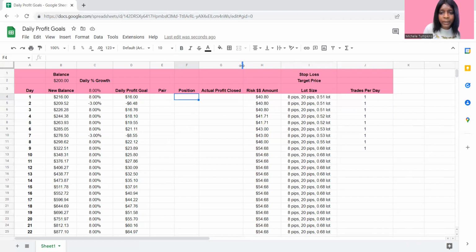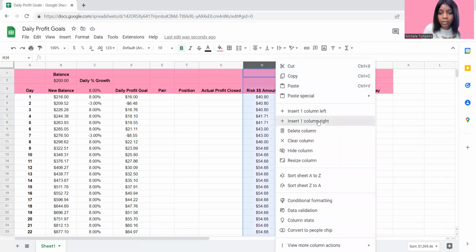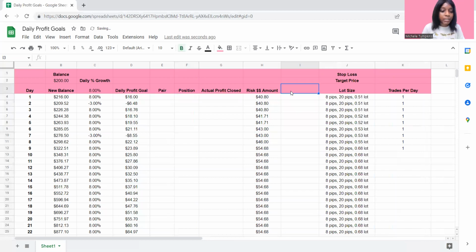I guess I could put it right here, or I could put it next to this one. And y'all can change this however you want to. But for this one, I put, what did I put? Let me see. I put win or loss, yeah. So you can put whether you won or lost the trade.